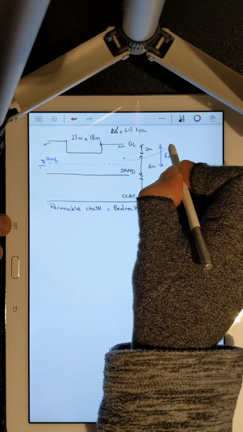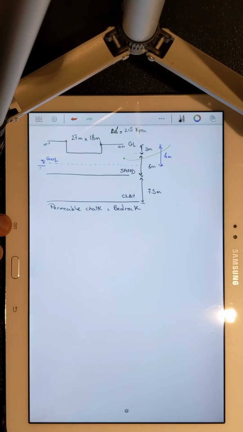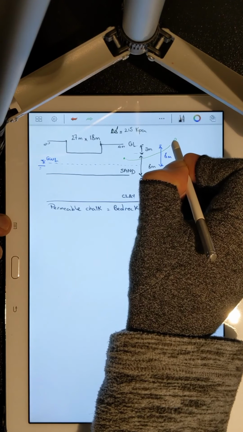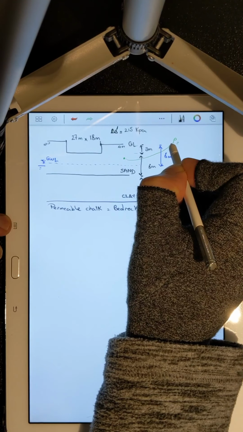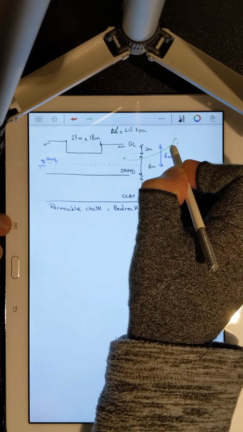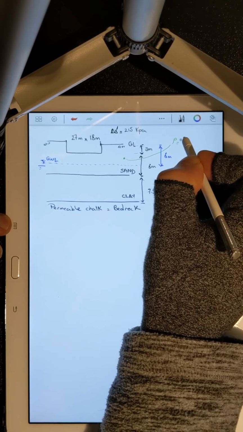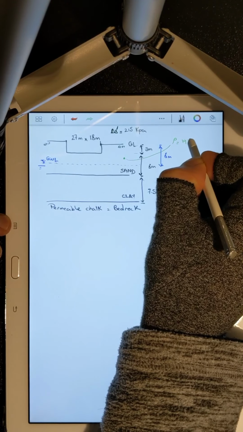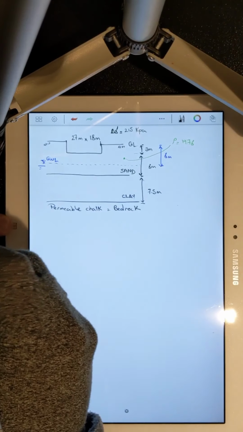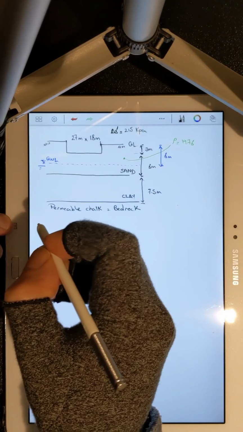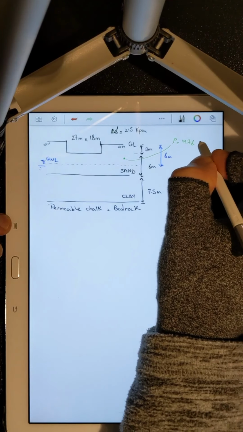For above groundwater level, I have rho, that's bulk density, 1976 kilogram over meter cube, typical of unsaturated sand.